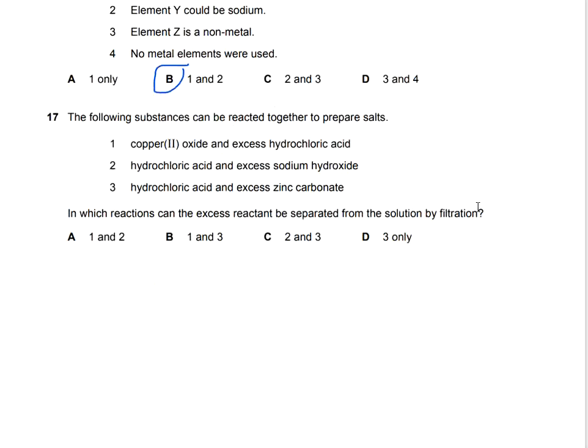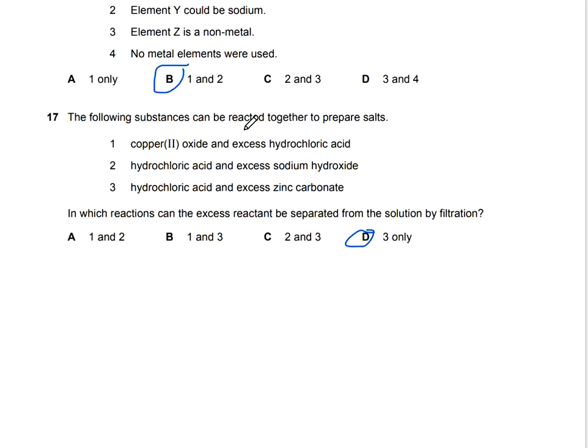The following substances can be reacted together to prepare salts: copper 2 oxide and excess hydrochloric acid, hydrochloric acid and excess sodium hydroxide, and hydrochloric acid and excess zinc carbonate. In which reactions can the excess reactant be separated from the solution by filtration? The correct answer is letter D. Let's see why.